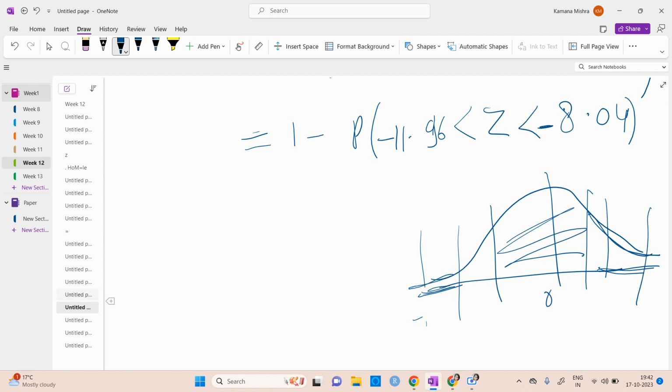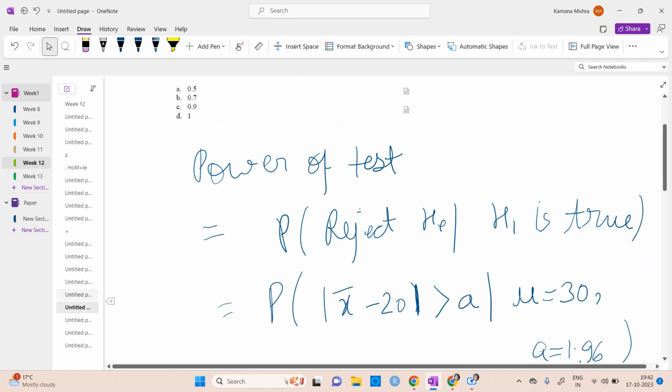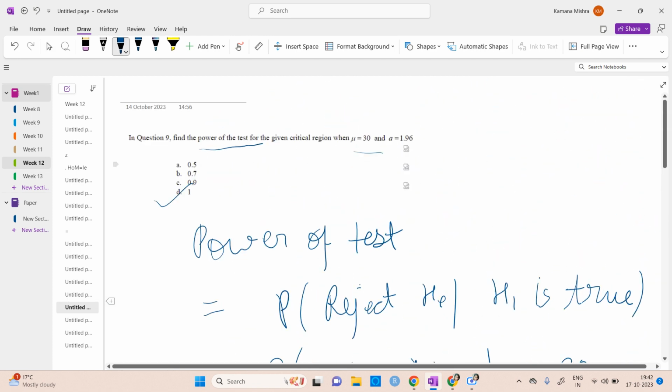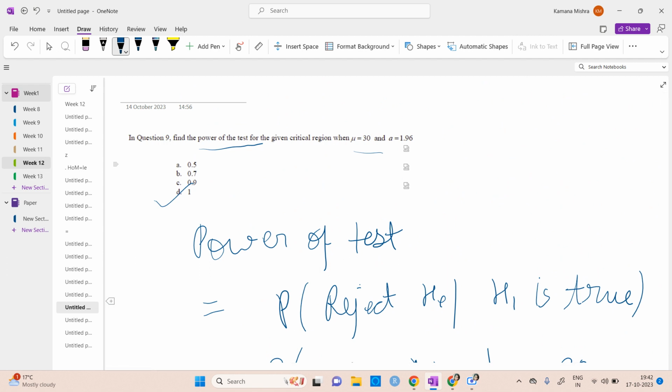So from minus 3 to 3 it covers almost the whole region. So if you have a z value from minus 11.96 to minus 8.04, it comes under here somewhere, and its value will be almost 0. So then it would be 1 minus 0, which is 1. So the power of the test is 1. This is the answer. Now if you have any confusion regarding this question or the previous question we have solved, then you can ask.